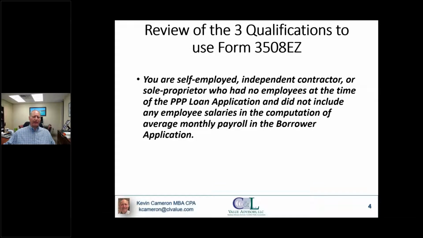If that person had no employees at the time that they made the PPP loan application, and they didn't include any employee salaries in the computation of their average monthly payroll for their borrower application, they can file the Form 3508EZ. So that pretty much tells us that all our self-employed people who have no employees can file the 3508EZ.